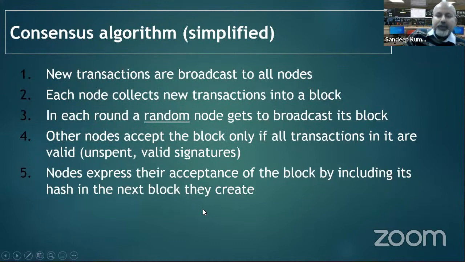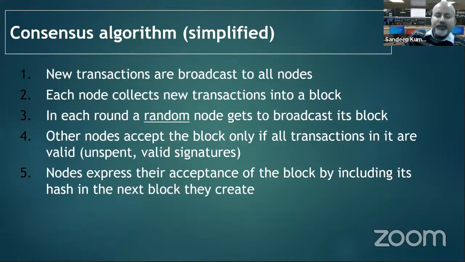So transactions are broadcast to all nodes, so all nodes have lots of transactions to put in a block. Each node collects the new transactions it has seen into a block. Then they do the hash puzzle. So the random node selection is not done by a central authority, but everybody tries to solve a puzzle, and whoever solves the puzzle is the selected node.